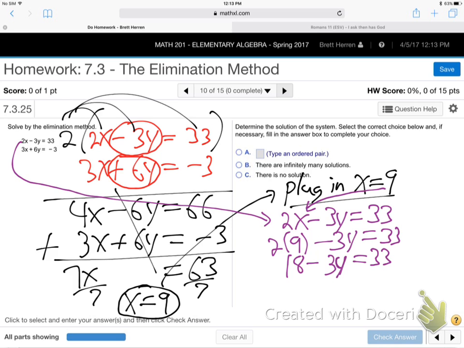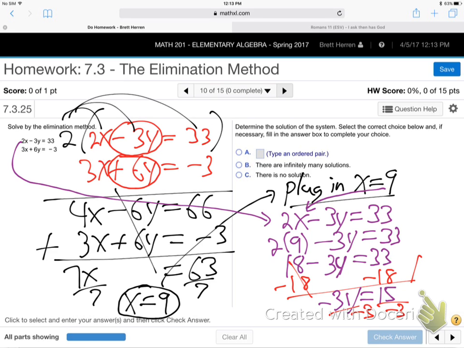Like that, right? Y is saying I want to be alone. Subtract 18. So minus 3y is something, 12, 15. Last step, divide by minus 3.